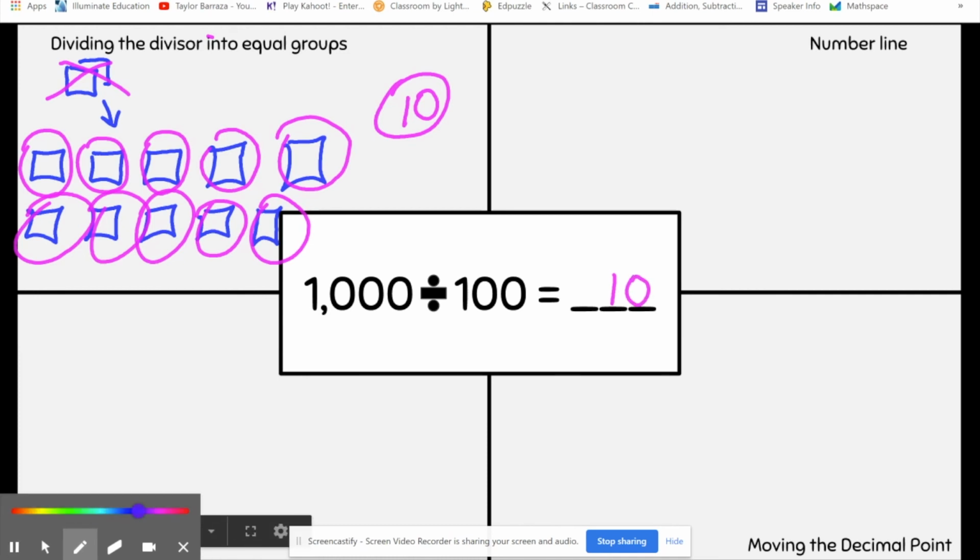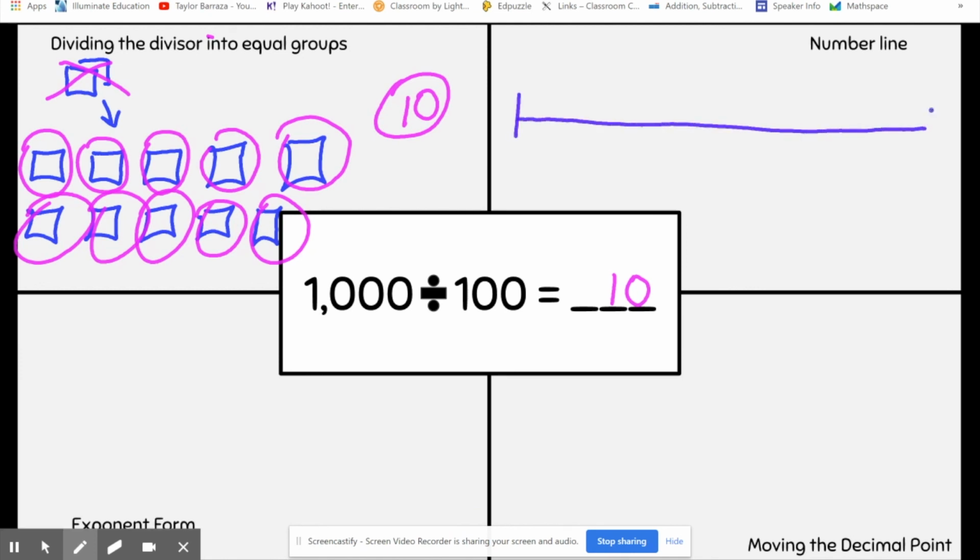I'm now going to check my answer using the number line strategy. After setting up my number line to show 0 to 1,000, I know I need to break it up in order to show hundreds.